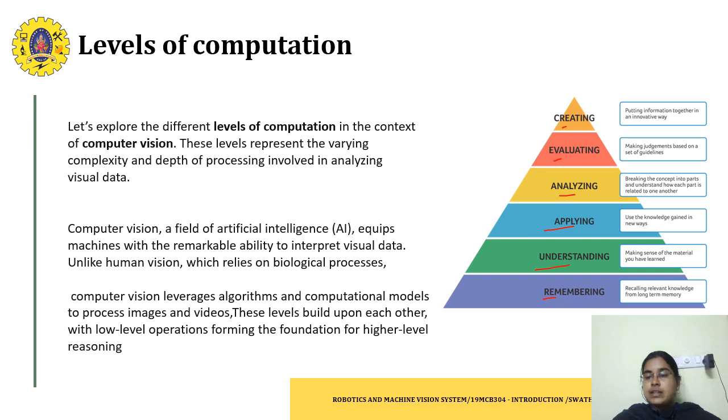After applying, we are going to break it into parts and analyze it, and evaluate, making judgments based on our guidelines about whether it is applied or not. The next one is putting all this information together along with the feedback and giving it in an innovative way. In the next section we will discuss in detail.